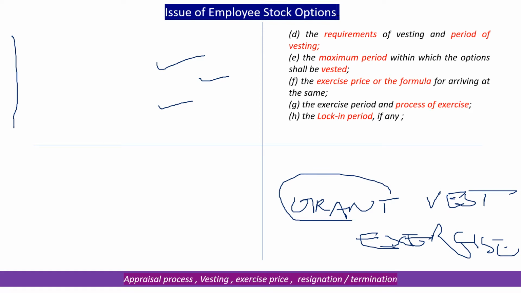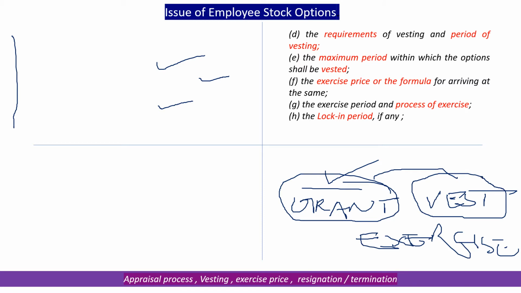What happens is, as per the agreement, an employee will be granted the shares at completion of an X amount of service. That is the stage of granting. He has got an option to buy the shares of the company. But that grant becomes his right to exercise after a specific period. And that duration is called the vesting period.